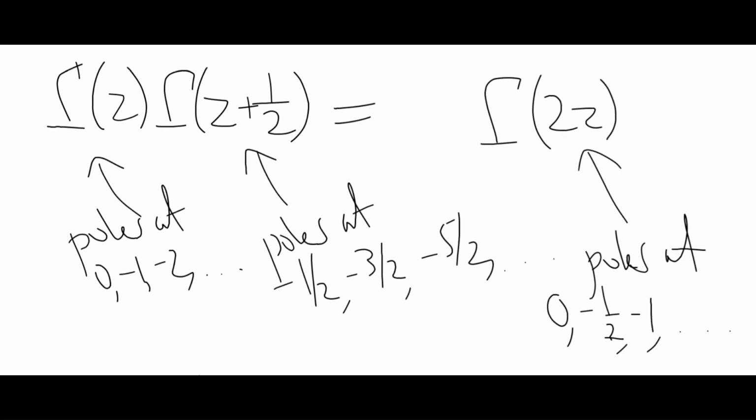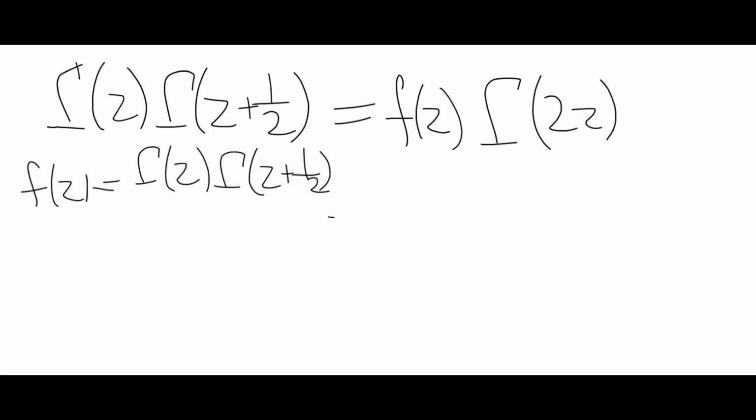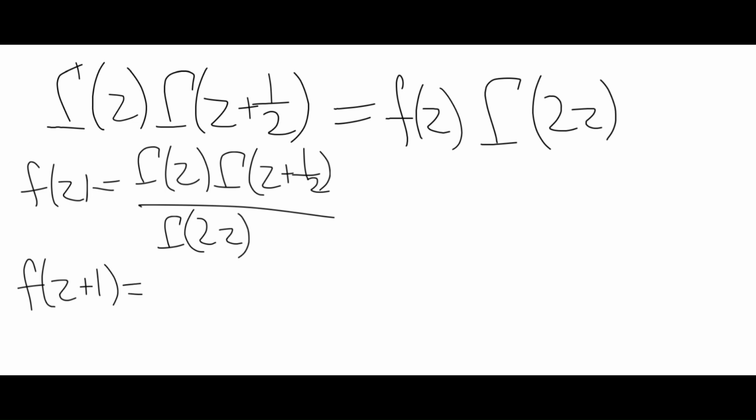Now these functions aren't exactly the same, but they're pretty close. So let's say you have some function f of z that makes this an actual equation. We can say f of z equals gamma of z times gamma of z plus 1/2 all over gamma of 2z. Now, if we want to guess what that function is, we can use the functional equation for the gamma function. So f of z plus 1 will be gamma of z plus 1, that's z times gamma of z.